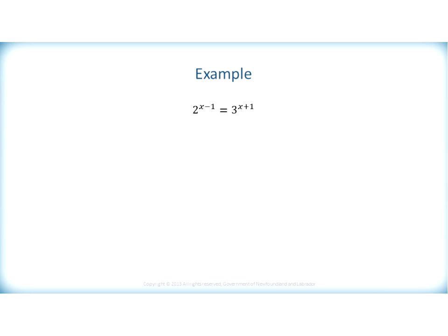Let's do another example. Notice that there are powers now on both sides of the equation. I will still take the log of both sides. And I'll use the power rule to bring the x subtract 1 to multiply by log 2, and the x plus 1 then to multiply by log 3.